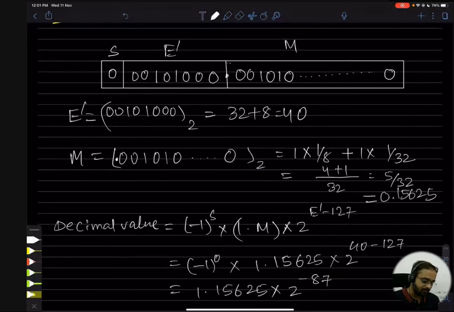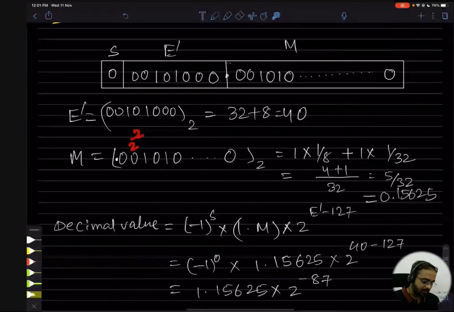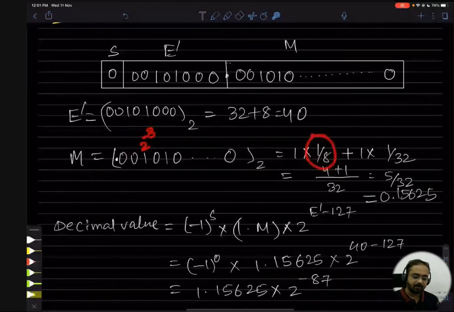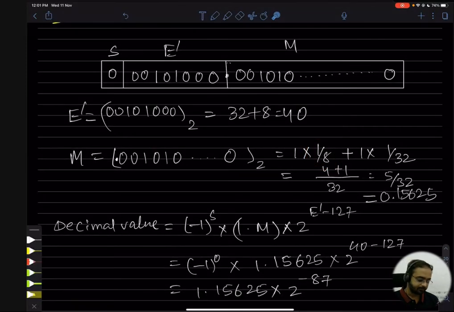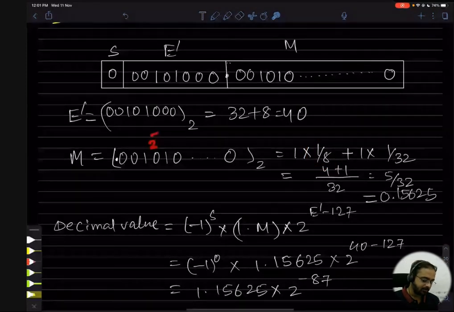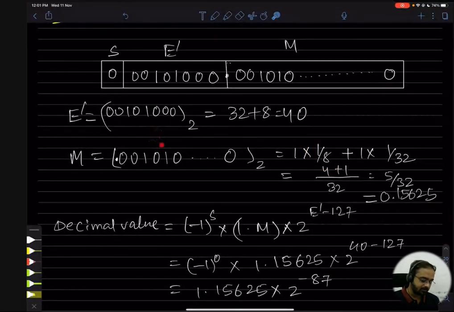So you have to multiply 0 into 2 to the power minus 1, 0 into 2 to the power minus 2, 1 into 2 to the power minus 3, which is 1 into 1 by 8, then 2 to the power minus 5, which is 1 by 32.